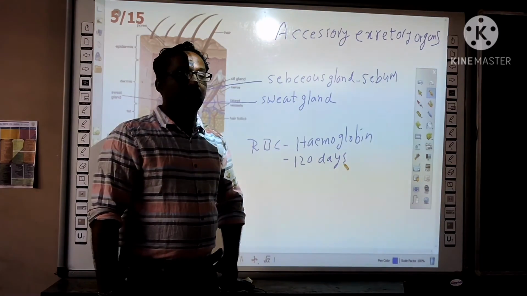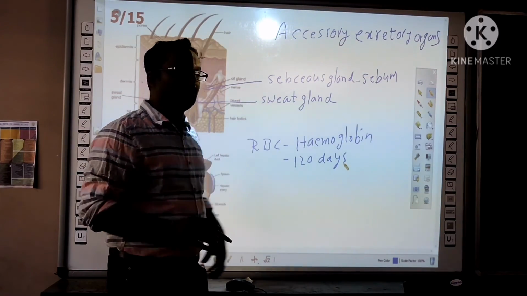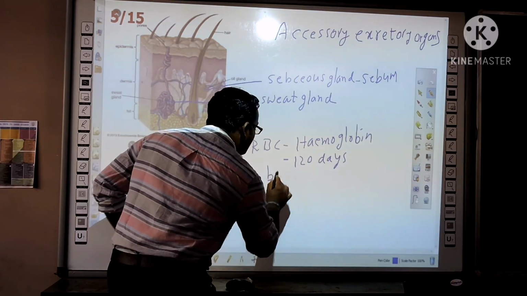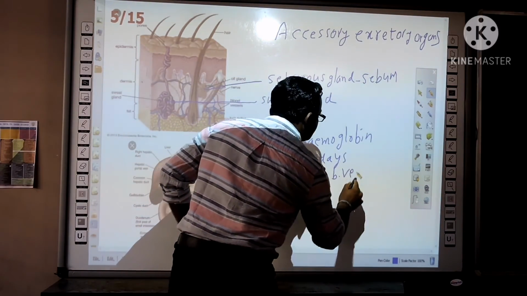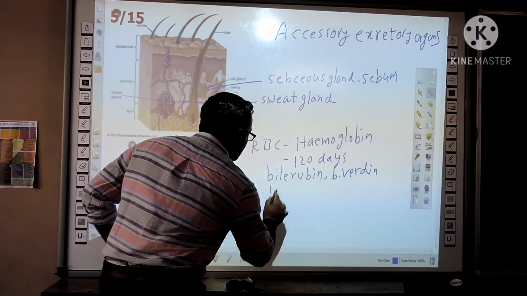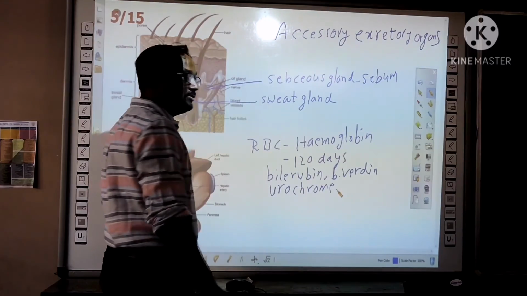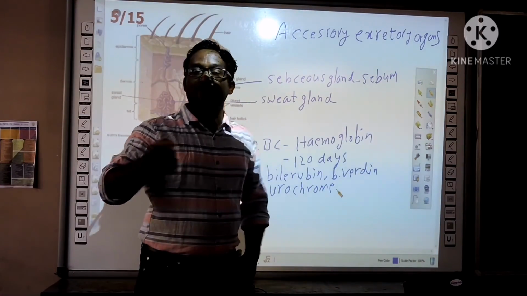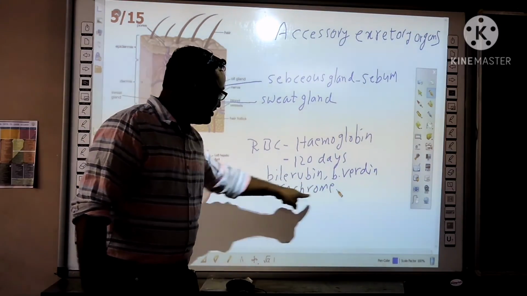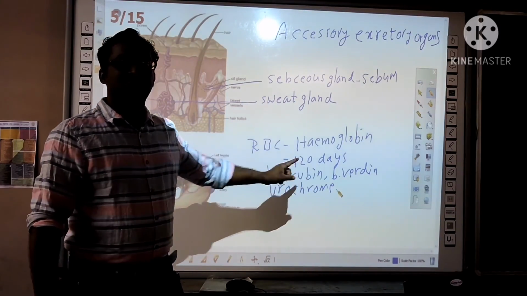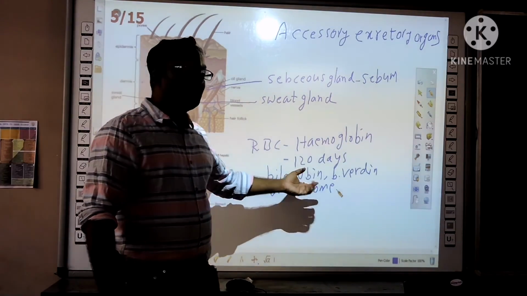In the destruction of hemoglobin, several pigments are produced: bilirubin, biliverdin, and urochrome. Usually, urine is slightly yellowish in color. That is because of this urochrome, which is produced in the liver, and it is removed through the urine.